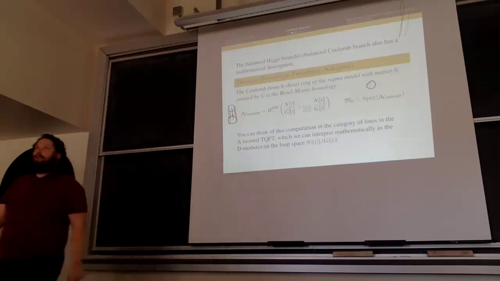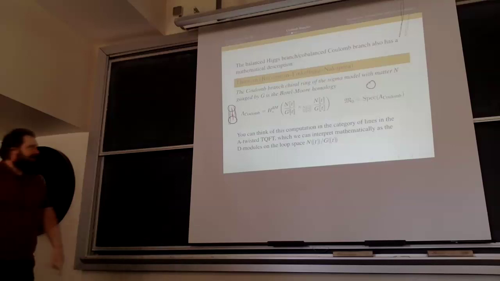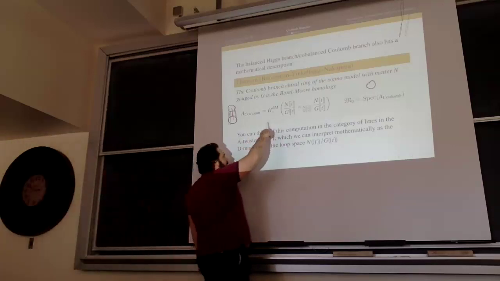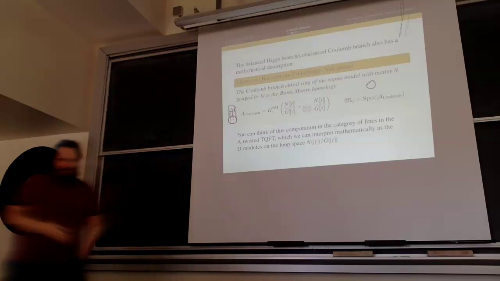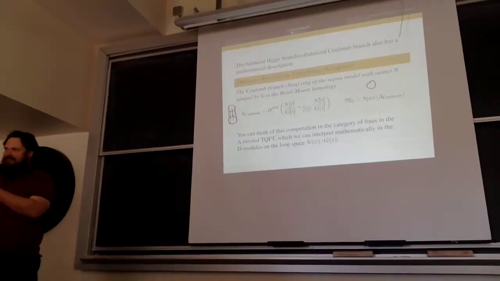If you pick a trivialization of the bundle on one of your disks, that gives you a point in the affine Grassmannian, and the other one isn't a choice anymore, so you just have to remember the G of O action. With the N of T's, the reason it's a singular vector bundle is that you're looking at your section on one of the disks, and it has to extend holomorphically across the other one as well.